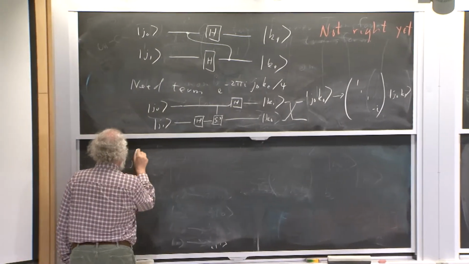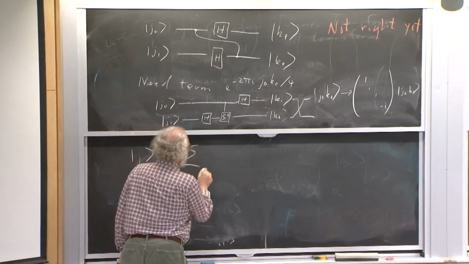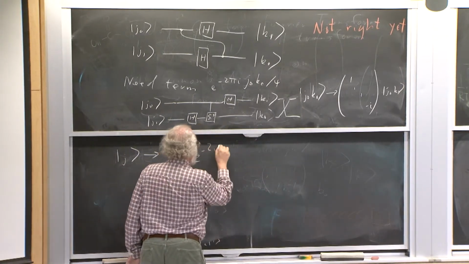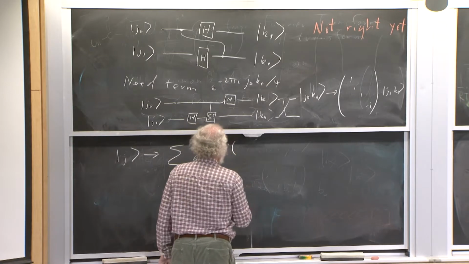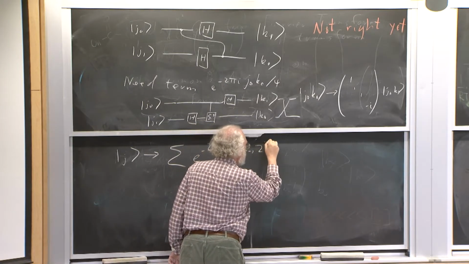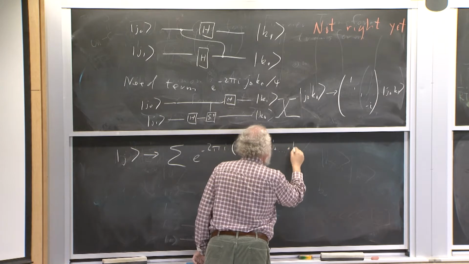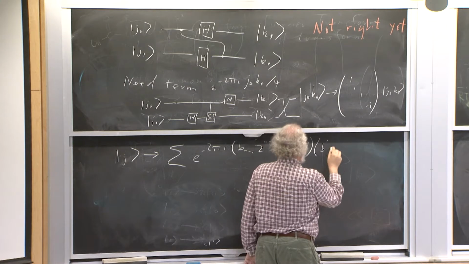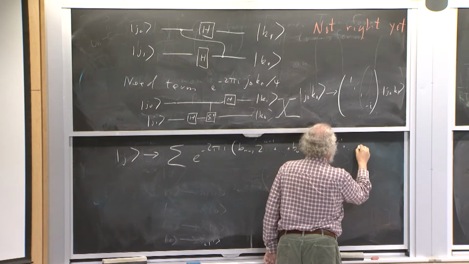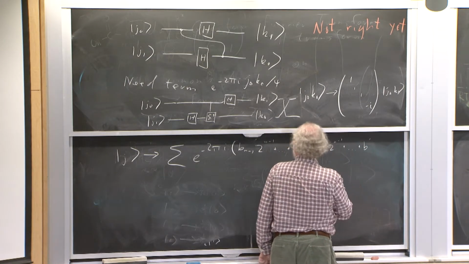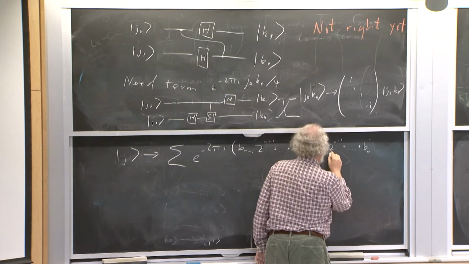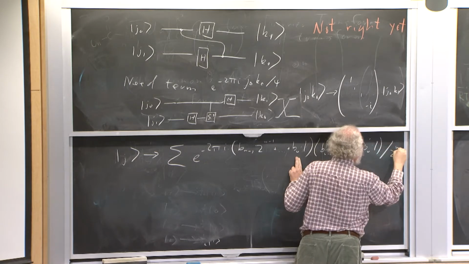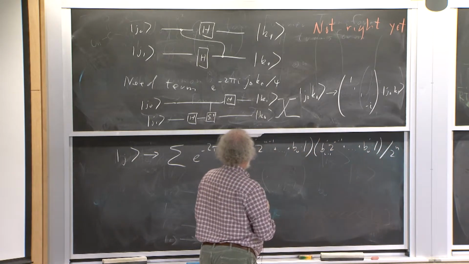Let's say j goes to the summation of e to the minus 2 pi i times (b sub n minus 1 times 2 to the n minus 1 plus ... plus b0 times 1) times (b prime n minus 1 times 2 to the n minus 1 plus ... plus b prime 0 times 1), all divided by 2 to the n.